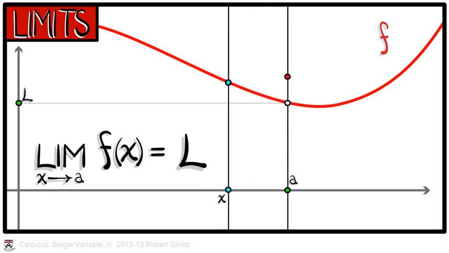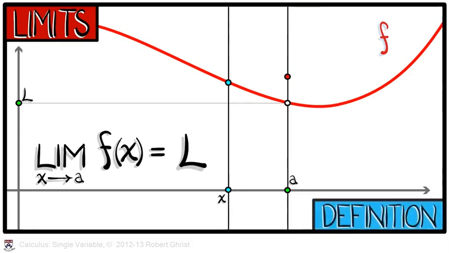Perhaps you remember that it doesn't matter what the actual value of the function is at x equals a. What matters is the limit. Well, this picture is the intuition behind a limit, but it is not the definition. The definition is another thing altogether.